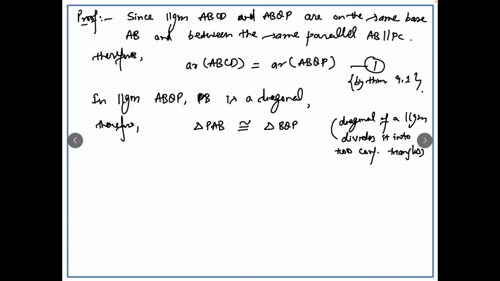So these two triangles are congruent, and we know that if two figures are congruent, then their areas will be equal.